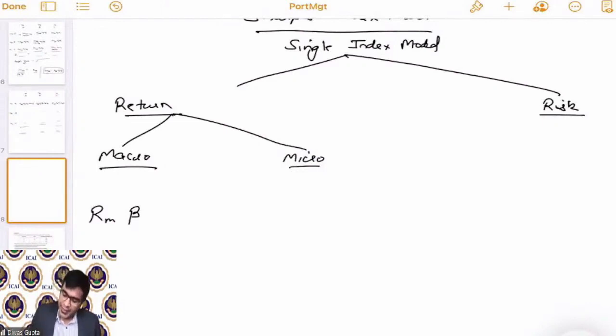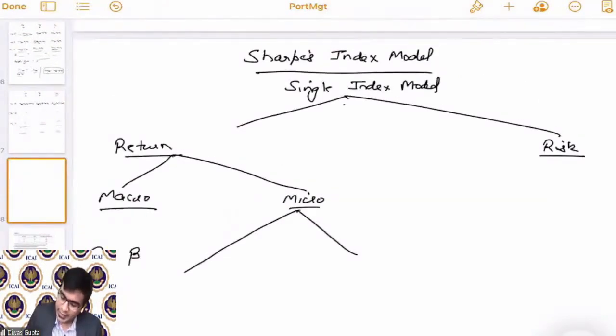And from the micro point of view, what if tomorrow the market return, which is this RM, goes down to 0? What if it goes down to 0, still the investor will expect something out of this particular security.